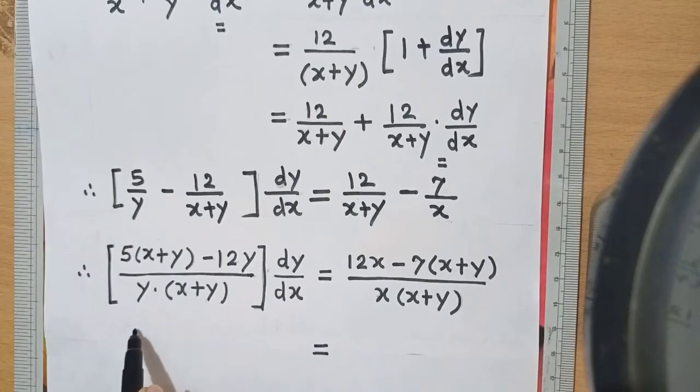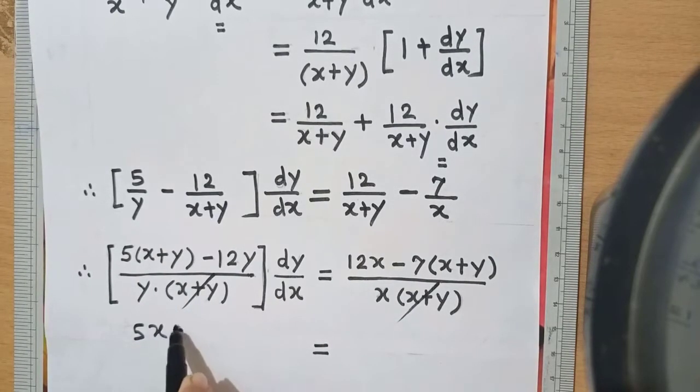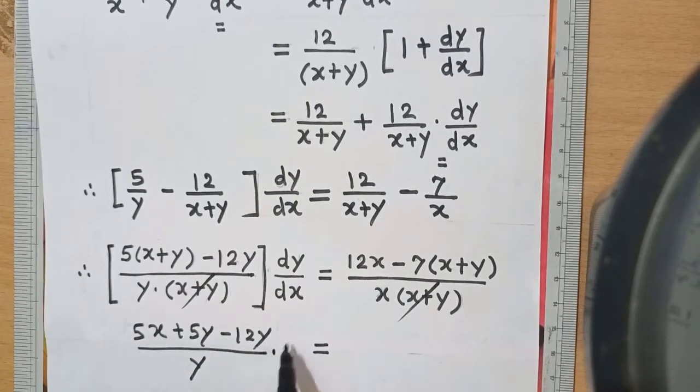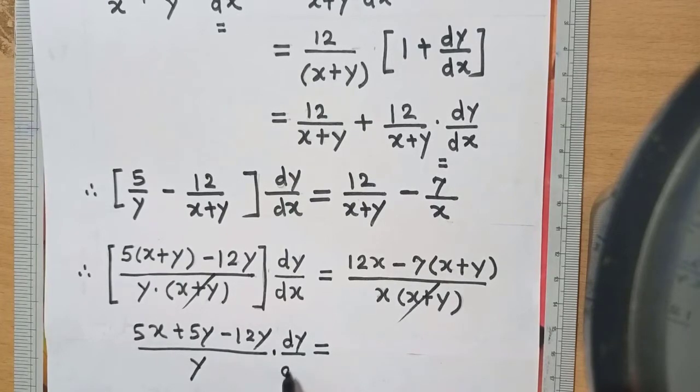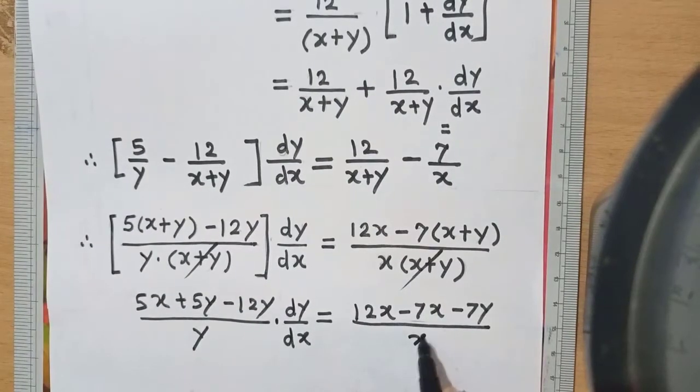Now solve this bracket again. So first we will cancel these two brackets, and then we will solve this. 5x plus 5y minus 12y upon y, and here dy by dx, and here 12x minus 7x minus 7y upon x.